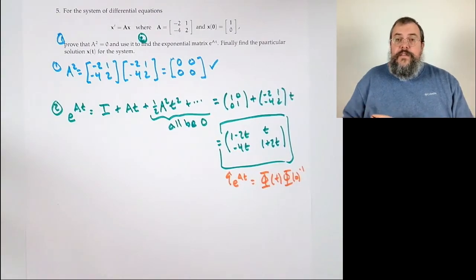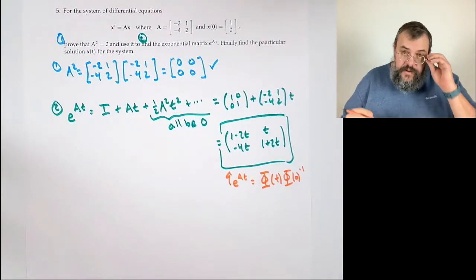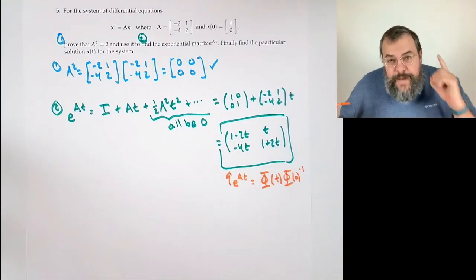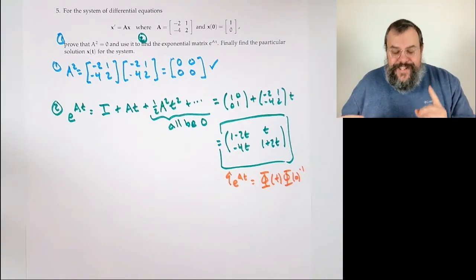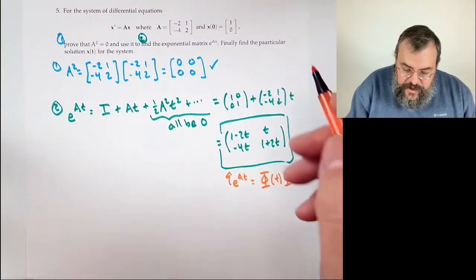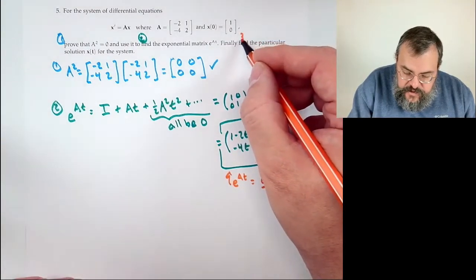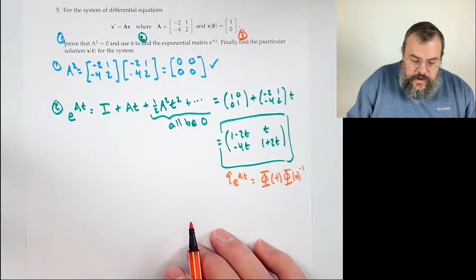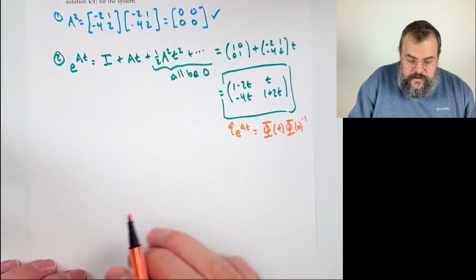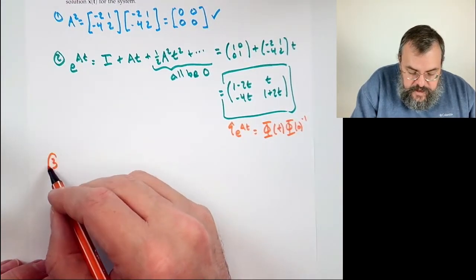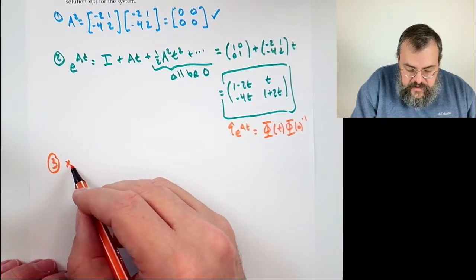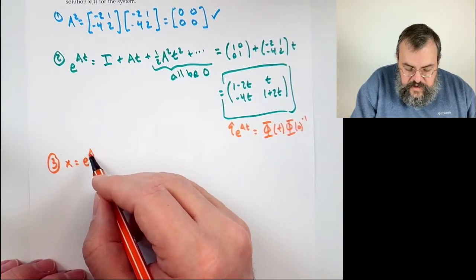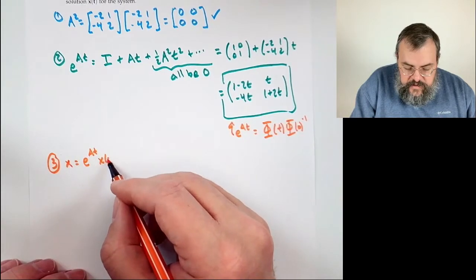And so the nice thing about fundamental matrices is it makes it really easy to solve. But the best fundamental matrix is e to the At. And so when we want to find the particular solution, that's step 3, what we have is the following, namely, we have that x is equal to e to the At times x0.